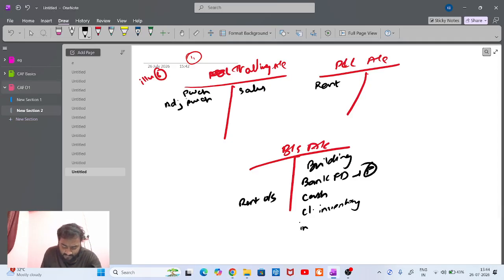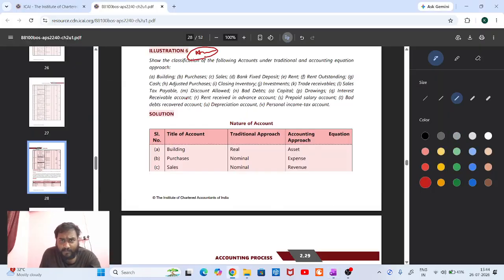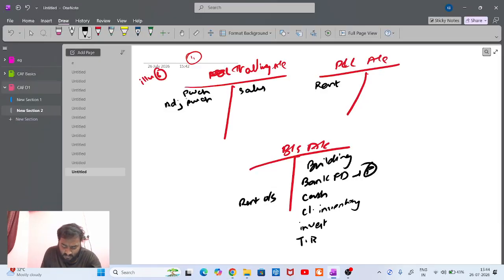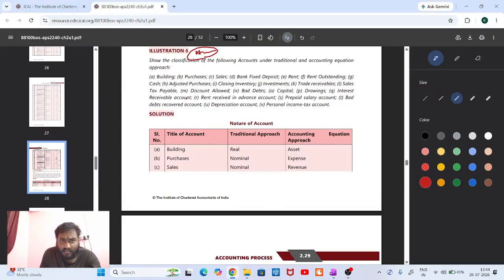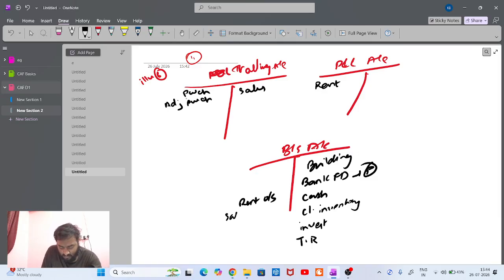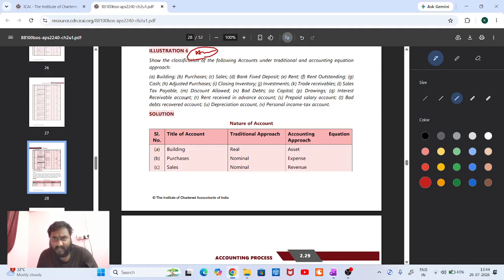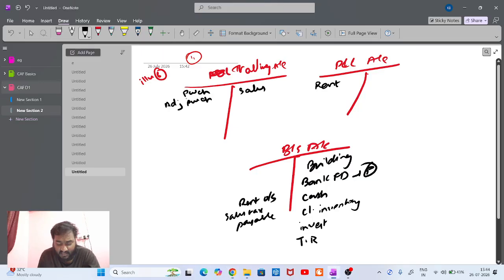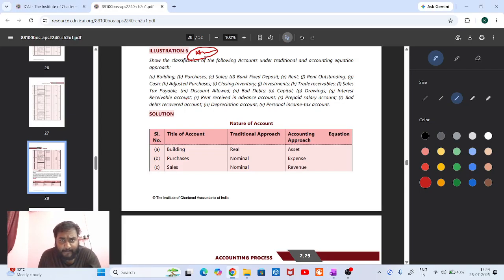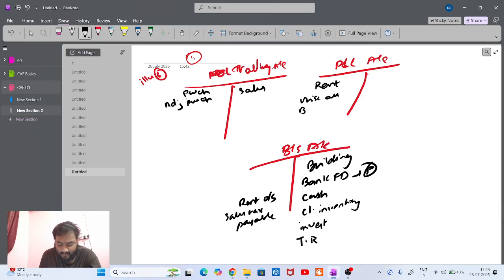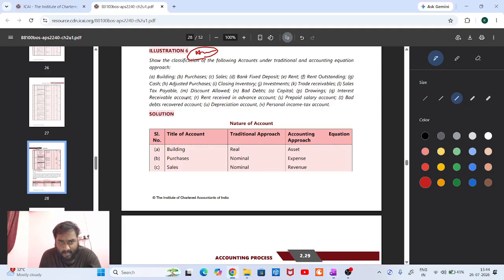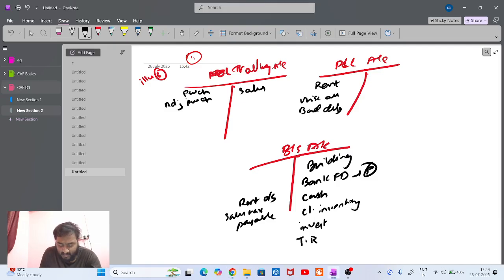Investments are assets. Trade receivables. Sales tax payable, basically a liability. Okay. Discount allowed. Bad debts. Capital drawings.